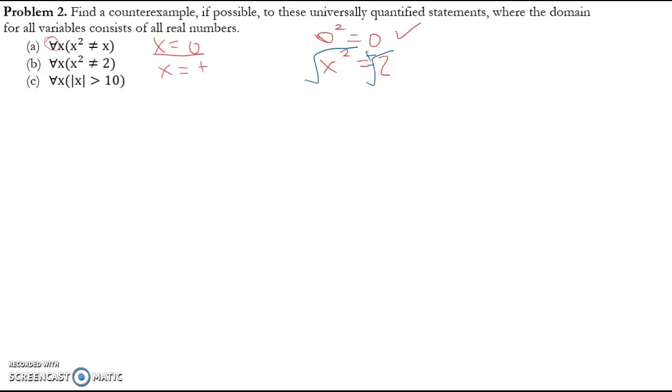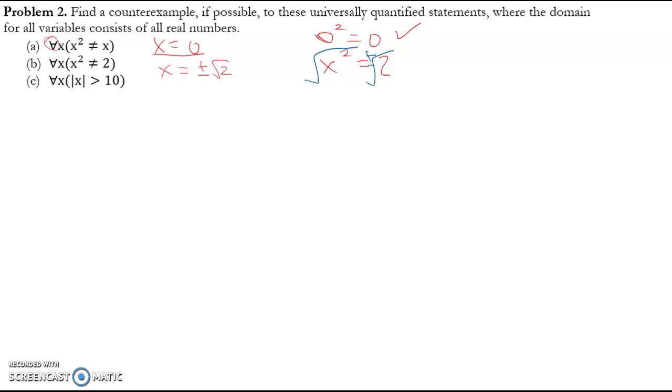What if x is plus or minus square root of 2? Then, if I take positive root 2 or negative root 2, then by squaring that number, I do get positive 2. So therefore, because of these counterexamples, so we have two cases, B is not a universally quantified statement.